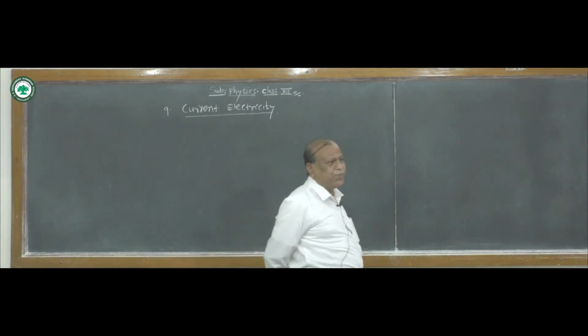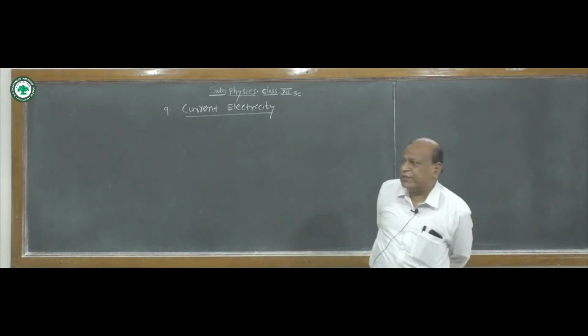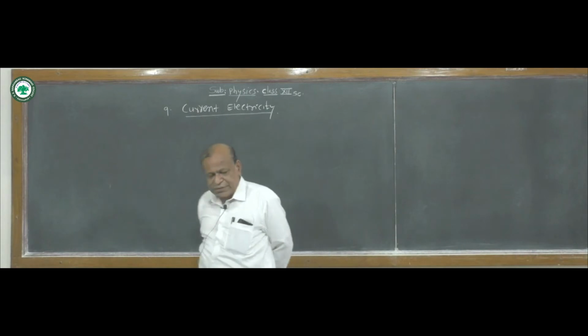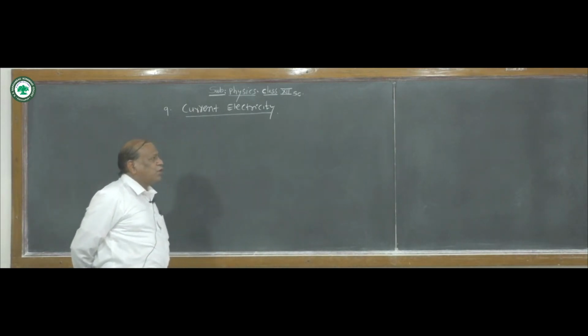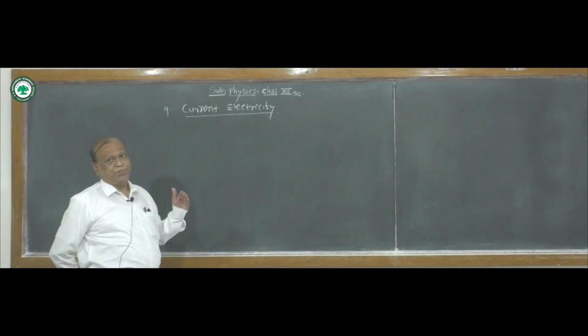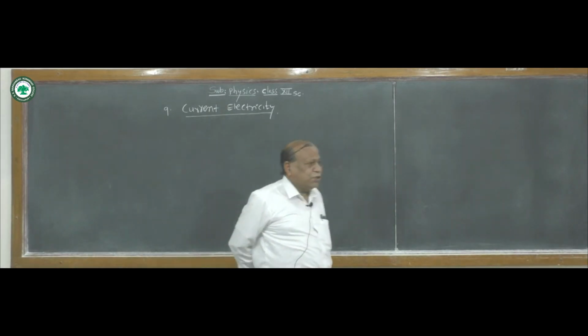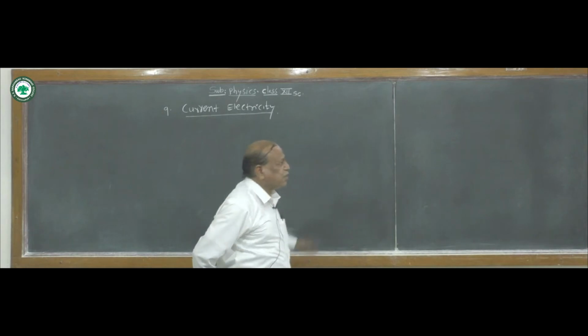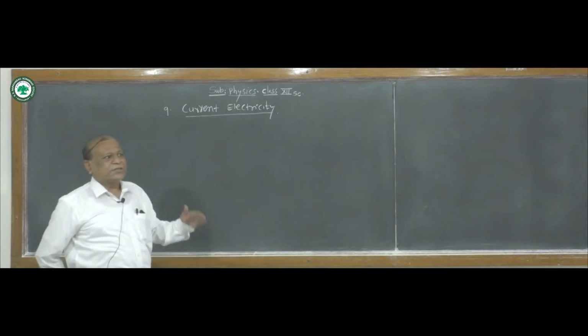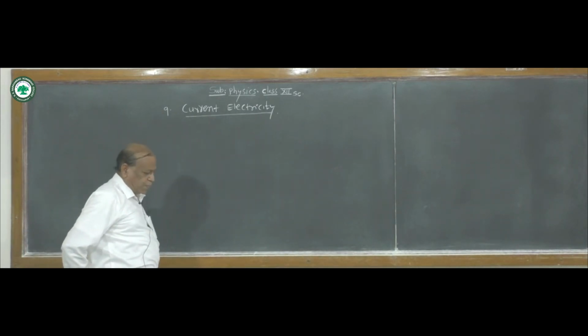Already you studied in a previous year, that is 11th standard, how current flows through a conductor, and you also know some laws concerned with electric current, such as Ohm's law.